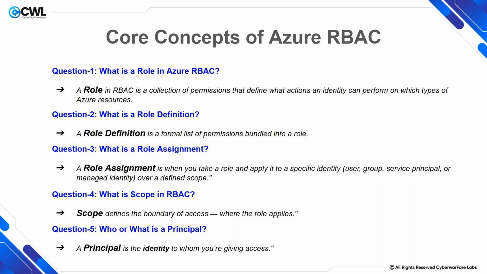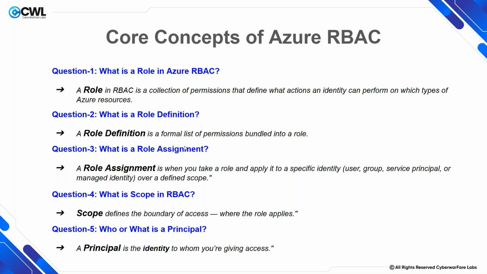So if you assign storage blob data reader to the managed identity of the VM, it can read whatever is stored in that blob container. Okay, let's say assigning key vault secrets user to a service principal used in your CI/CD pipeline. If you assign that permission, it can read secrets from the key vault.